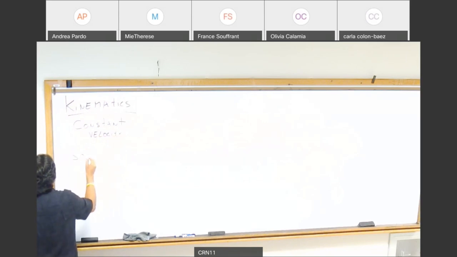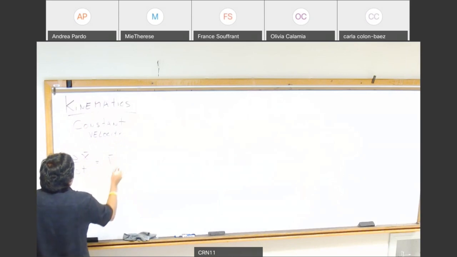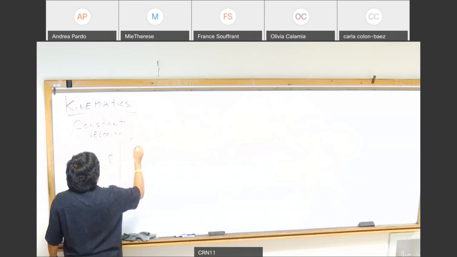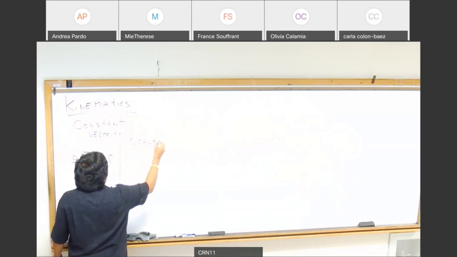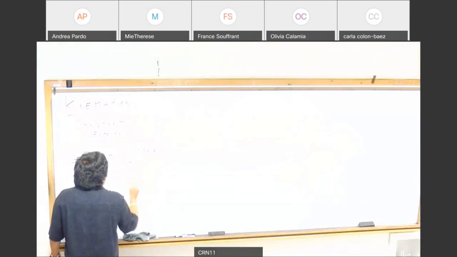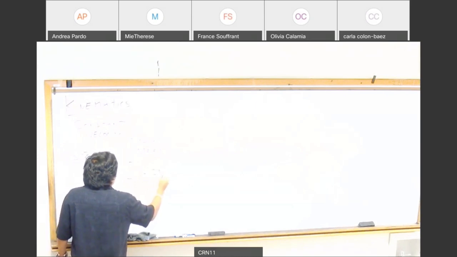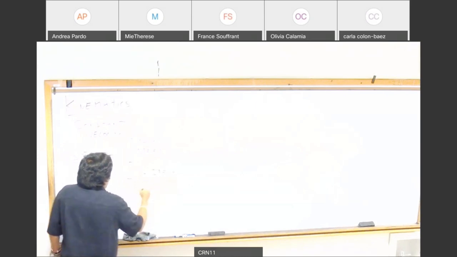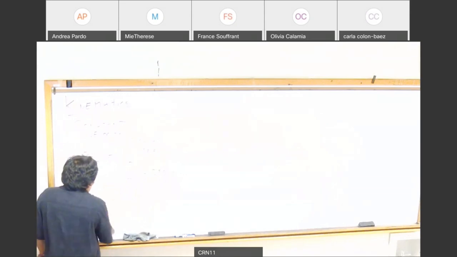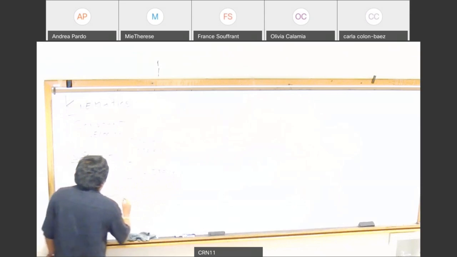We have the displacement over time is equal to the velocity, and then if we take the scalar speed, distance over time is equal to the speed. That's just that one equation, right? The other name for this is uniform motion.